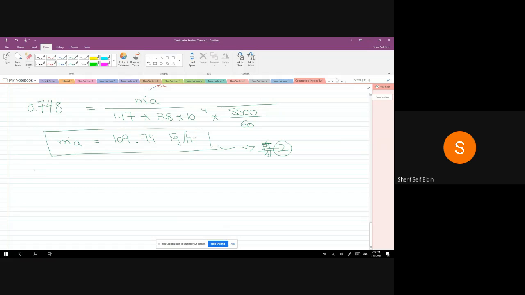And requirement number 1 is the fuel to air ratio: M dot fuel over M dot air, which is 11.62 over 109.74. That is going to give you 0.0304, without any unit, because it's a ratio.